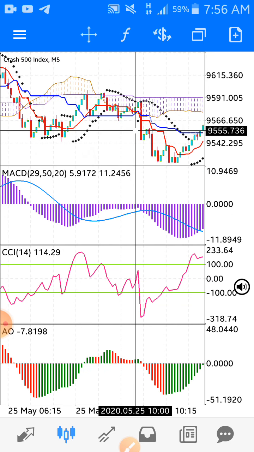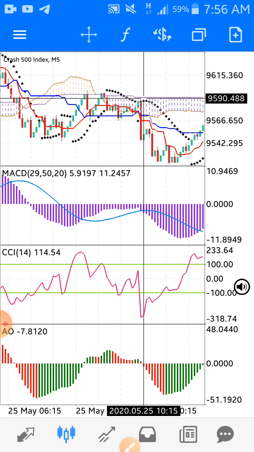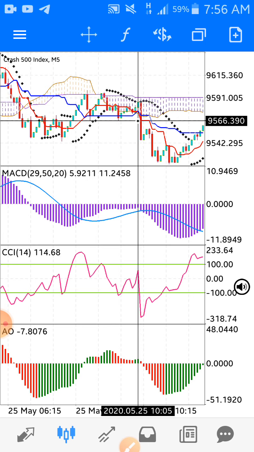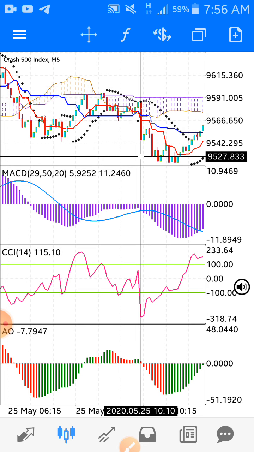This is another opportunity. This was parabolic SAR from below, and then the next one appeared from above, giving you a signal. And usually when a spike happens, that is when the signal appears.